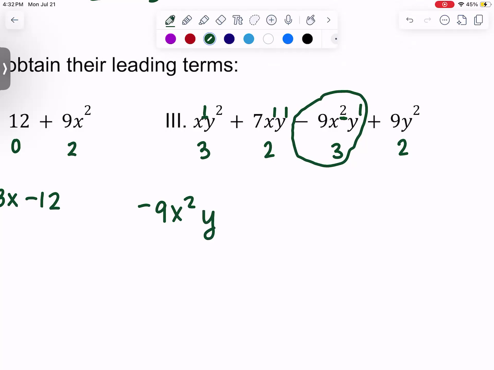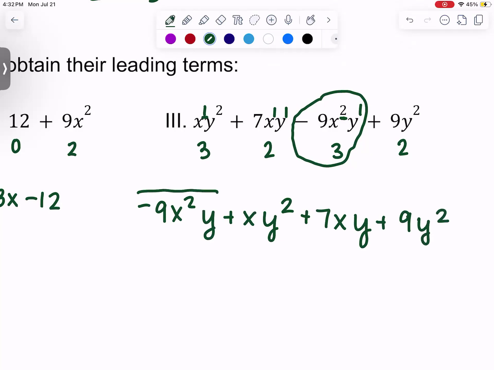Negative 9x squared y plus xy squared plus 7xy plus 9y squared. This is our leading term. It's tied for the highest degree, so we follow the rules of the alphabet and we go with x, highest x before highest y.